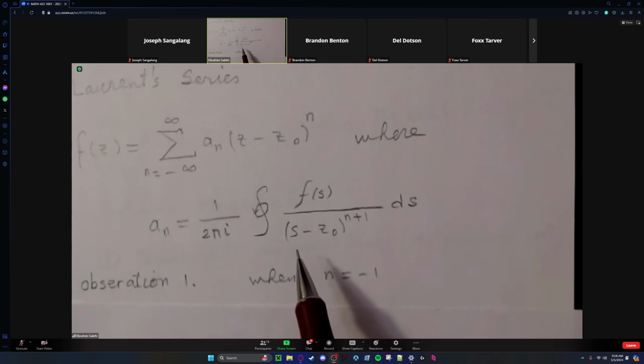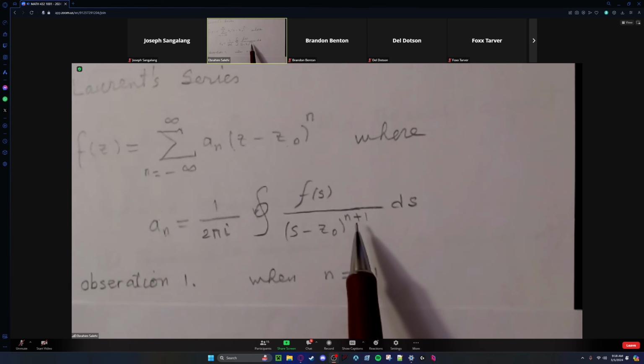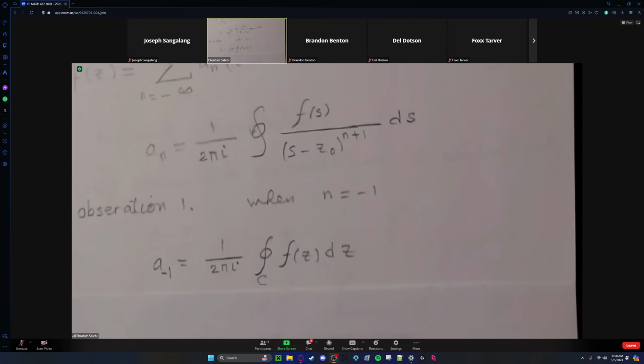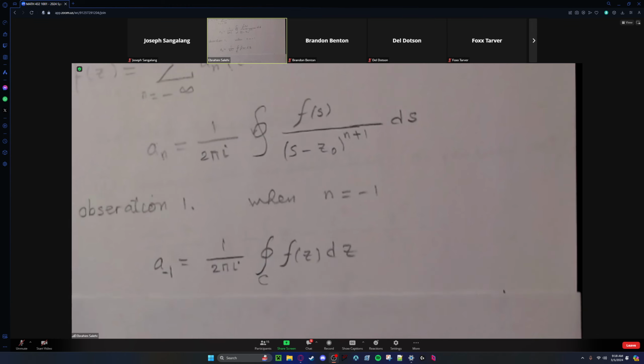So if you replace n by -1, you will get this. So the integral of f of z dz is 2 pi i times this.